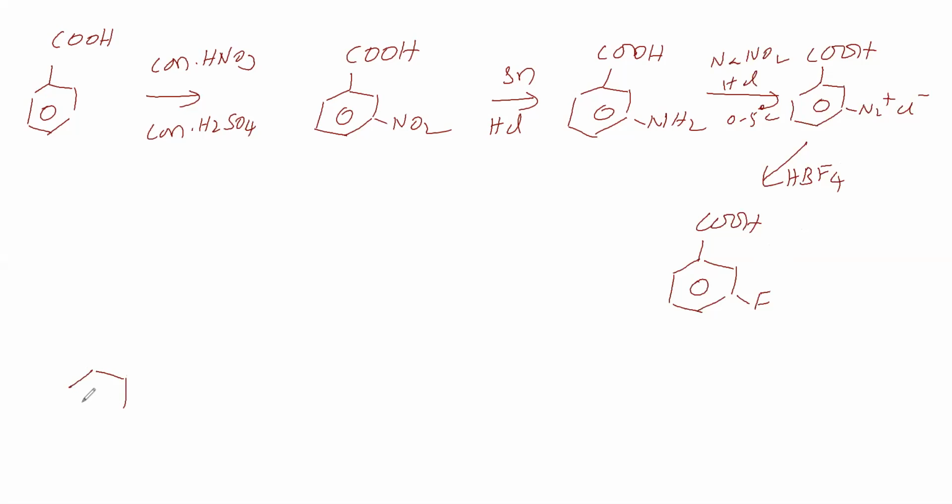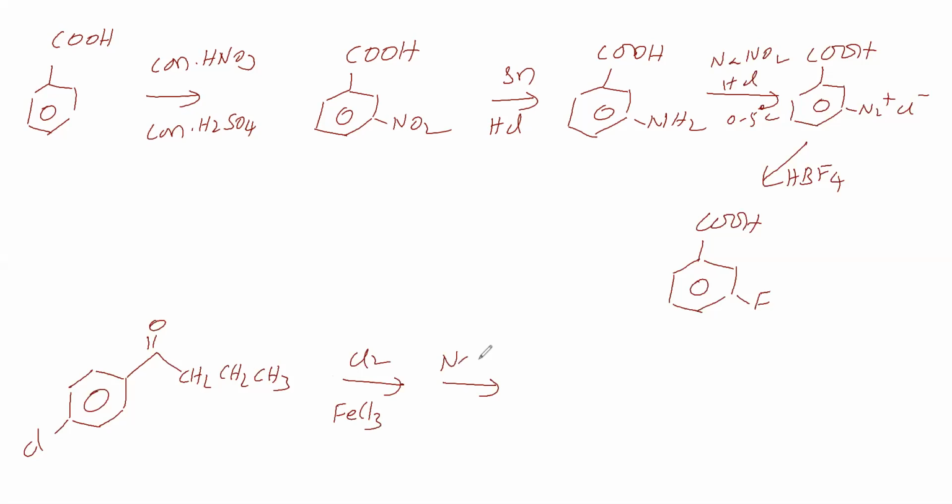Next conversion. Here benzene we are taking. At this position Cl is present, here a CO group, and here a propyl group, CH2, CH2, CH3. It is treated with chlorine and FeCl3. Then reaction with sodium amalgam and HCl. Then reaction with conc. nitric acid and conc. sulfuric acid.